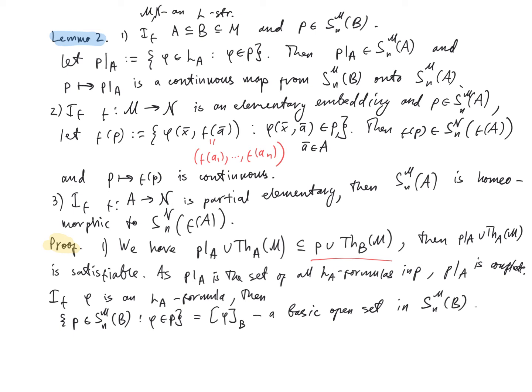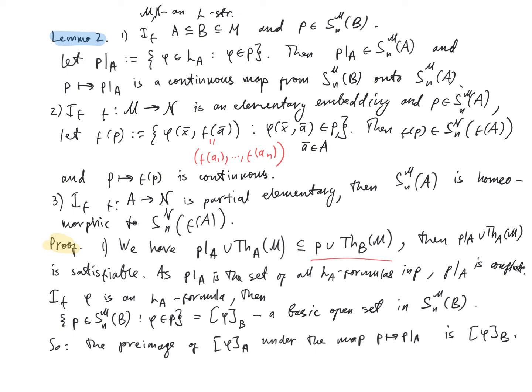And so this shows that the preimage of a basic open set in the space of types over A under the map that sends p to its restriction over a smaller set of parameters is itself the basic open set [phi]_B, so all types over B that contain phi.